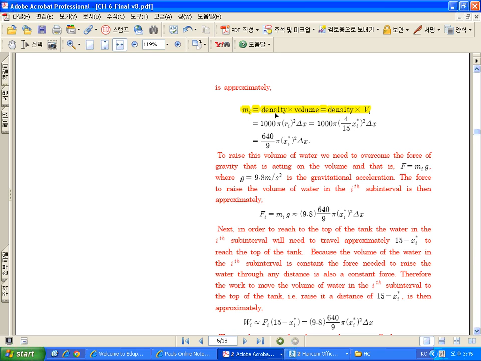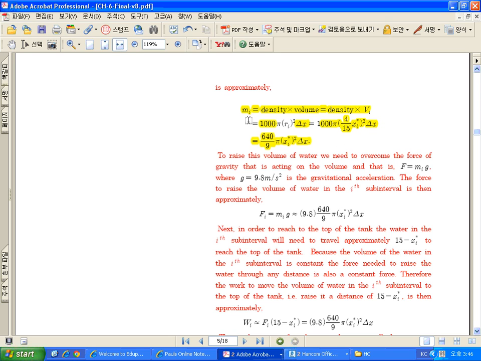Mi is the density times volume. Density is 1,000, and Vi is pi r squared times delta x, which is the depth. This can be simplified, because Ri is 4 over 15 times Xi star, so it can be written as 640 over 9 times pi times xi squared times delta x.